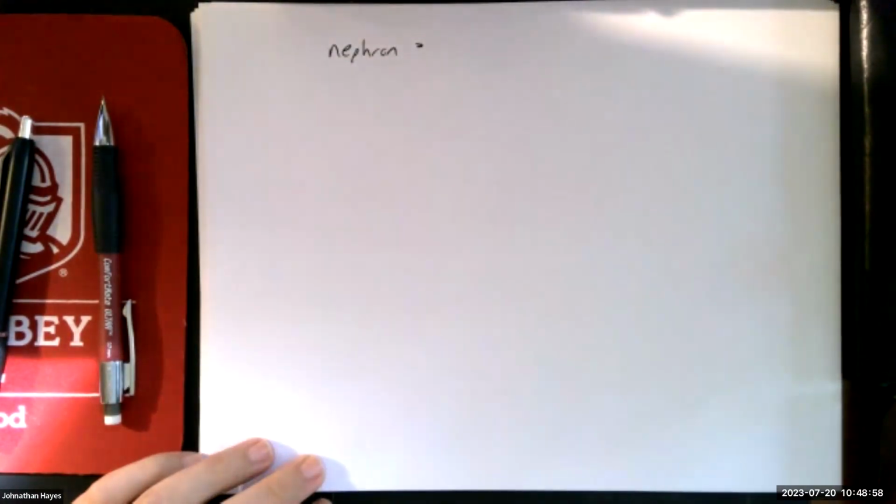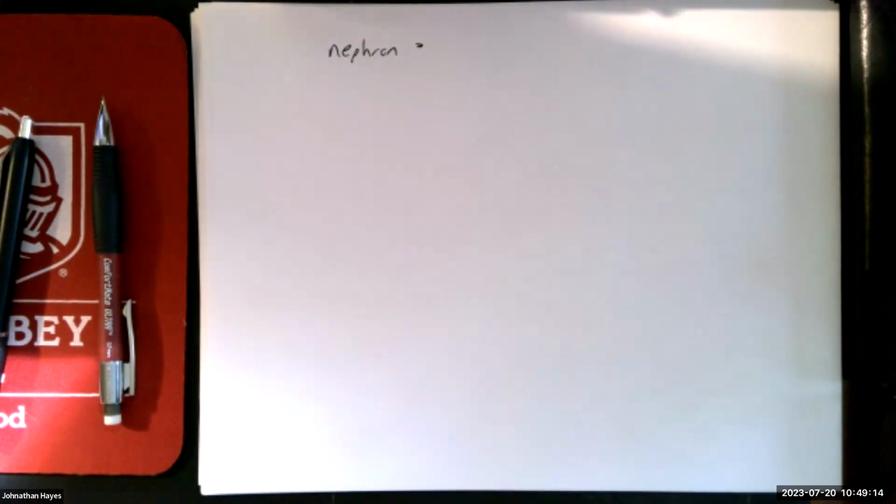I don't know the actual number of how many nephrons we have in the body, but I've read two different sources. One source says that we have about 1 million nephrons per kidney, and another source says we have about 1 million nephrons total, so that would be about 500,000 per kidney. But that just gives you an idea that these things are pretty small and numerous.